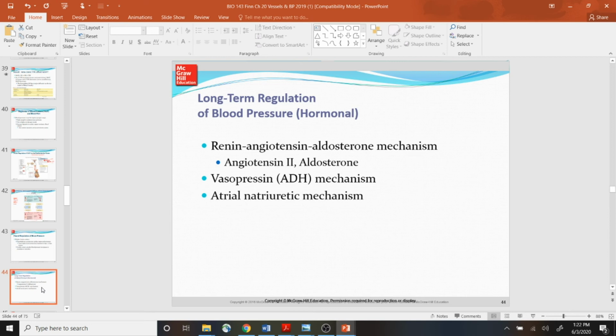They are presented in chapter 20. We are not going to cover them in detail and for testing assessment until the urinary system, okay? So you're going to see these again, okay?